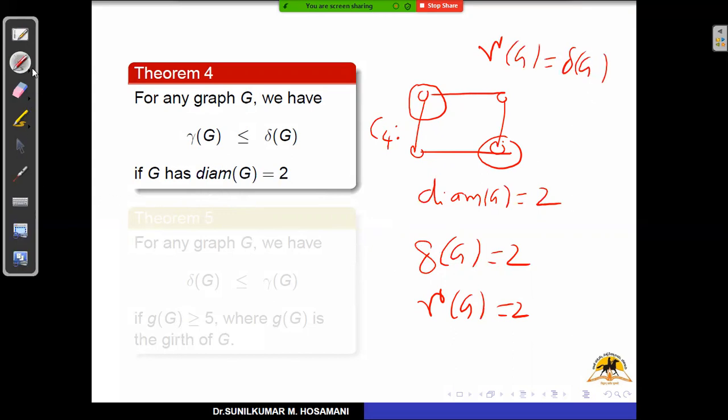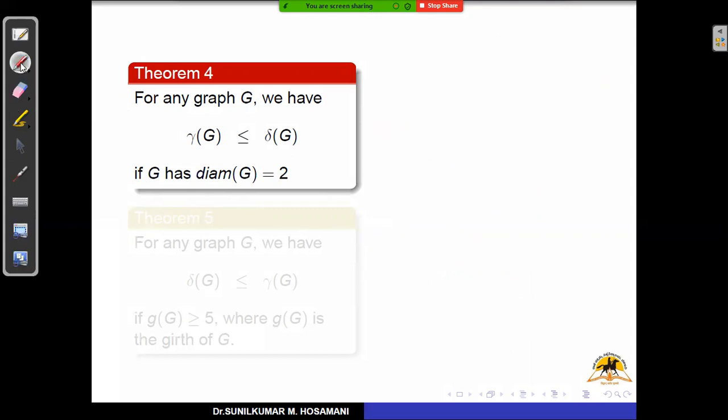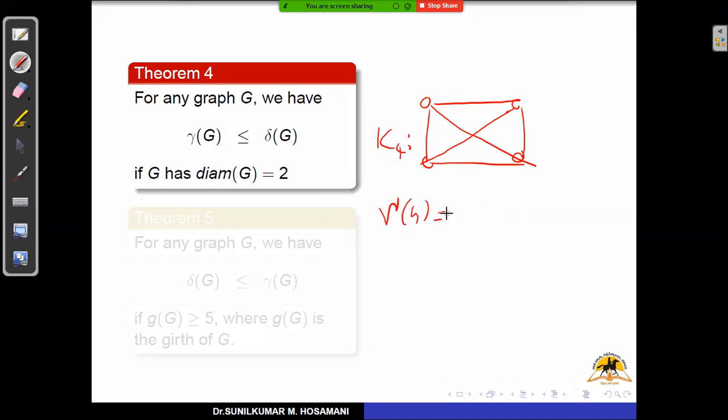Okay. There are some other graphs where equality does not hold good. For example, if I consider K4, so this is K4. The domination number of this graph is 1.